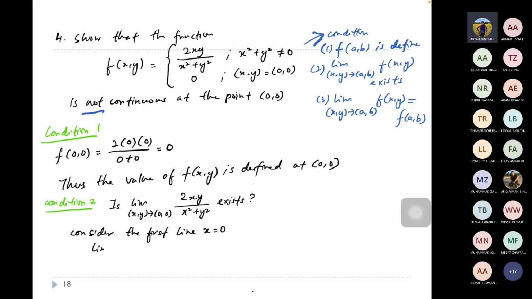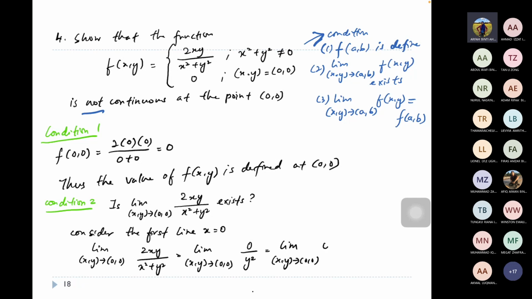So from here, the limit of xy approaches 0, 2xy over x squared plus y squared sama dengan the limit of xy approaches 0, 0 over y squared equal to the limit of xy approaches 0 akan sama dengan kosong.